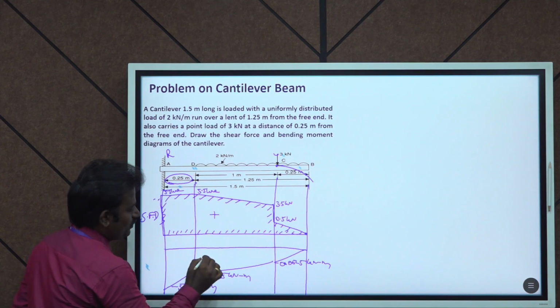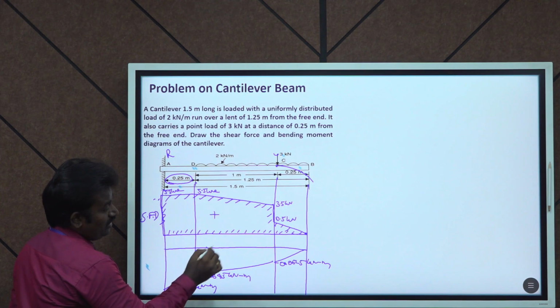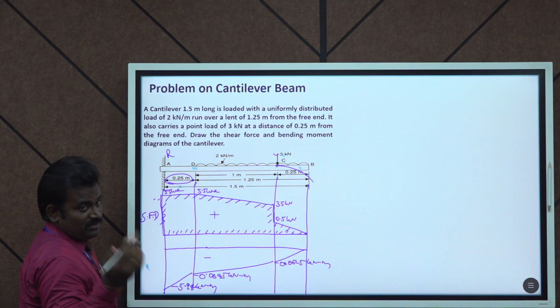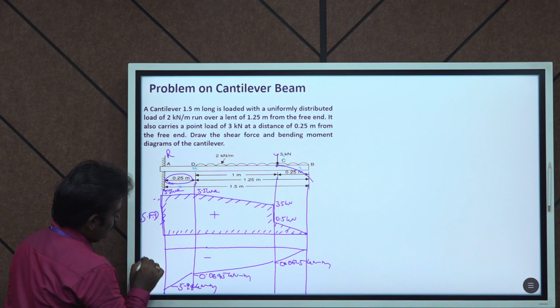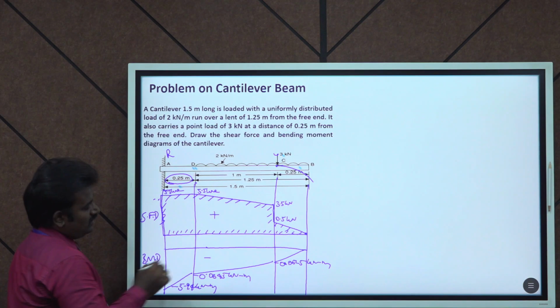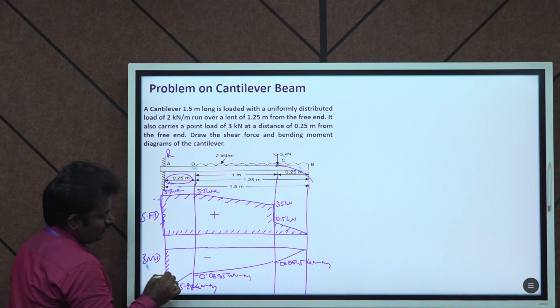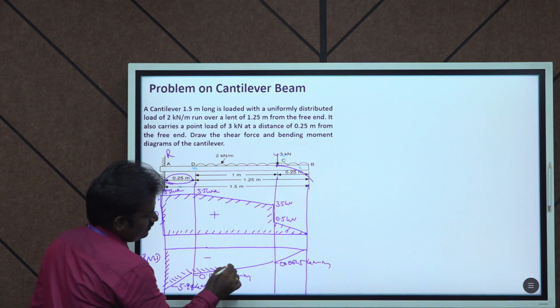Put the negative here. Consider this as the baseline: above the baseline is positive, below the baseline is negative. This is the BMD, the bending moment diagram, and you also have to draw these lines for presentation.